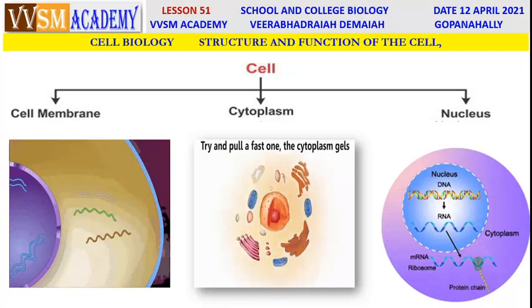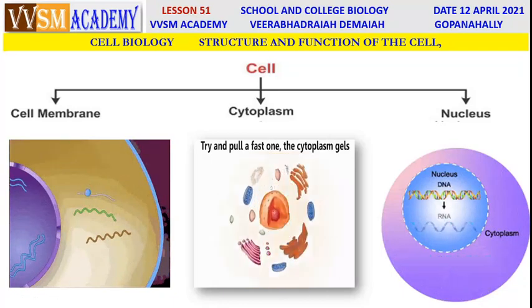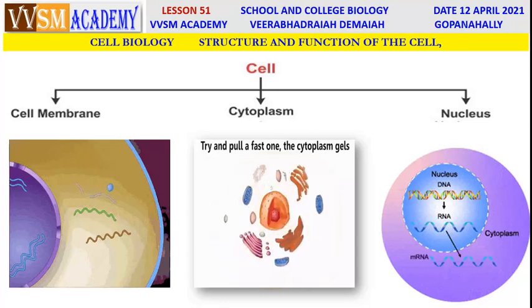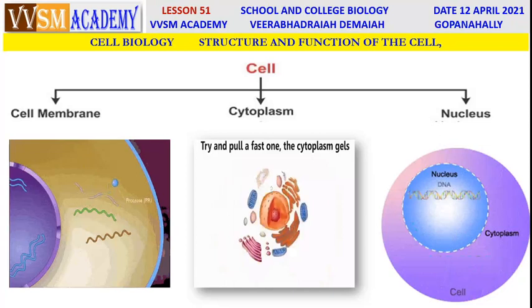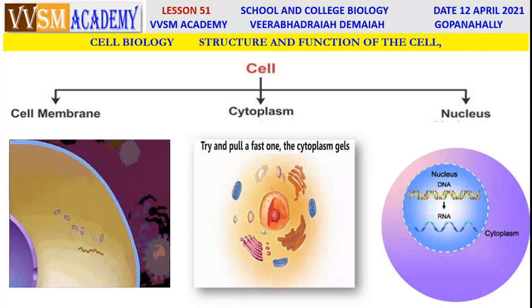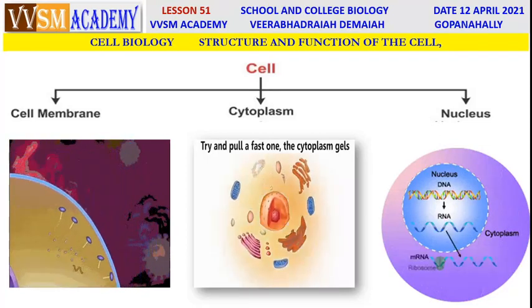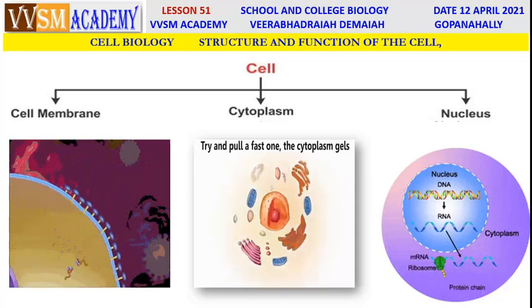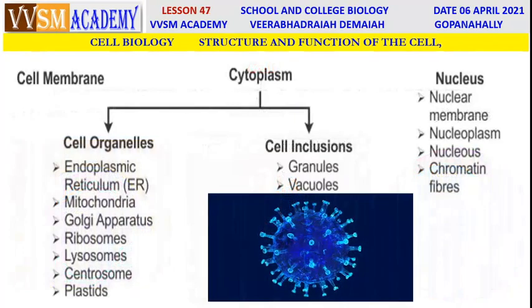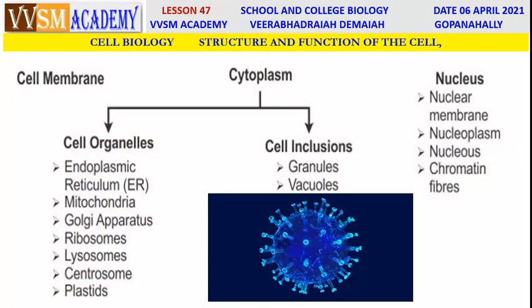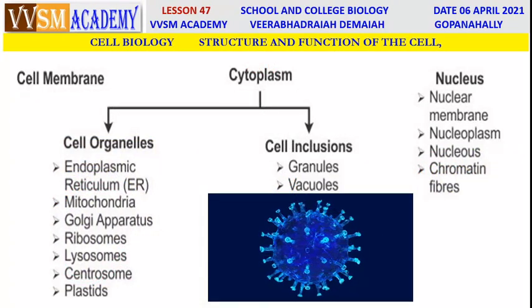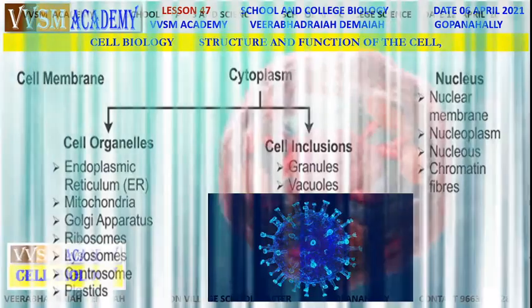Cytoplasm is an important part of the cell. Then inside the cytoplasm there is a nucleus, and the components of the nucleus are the nuclear membrane, nucleoplasm, and nucleolus. These are the important things let us discuss.